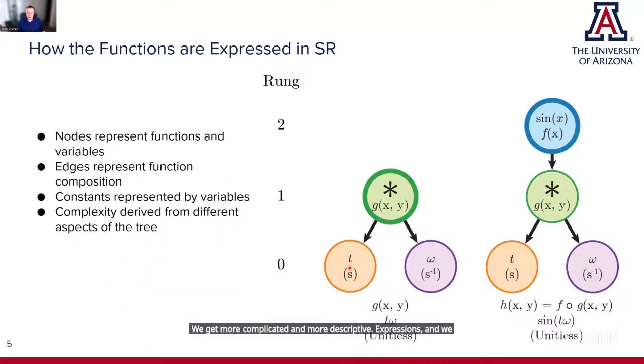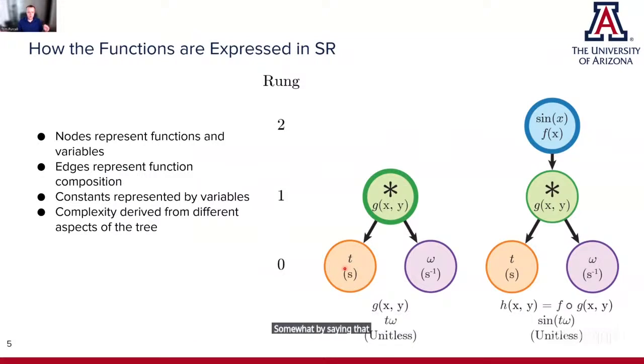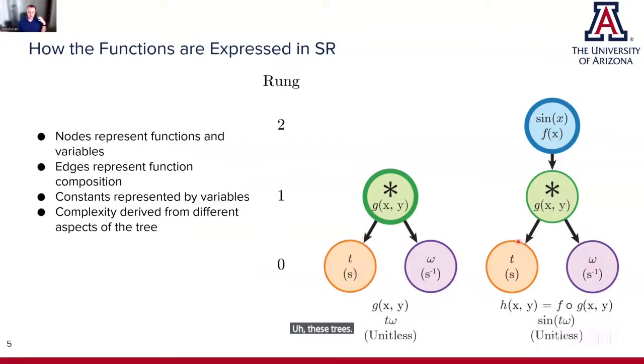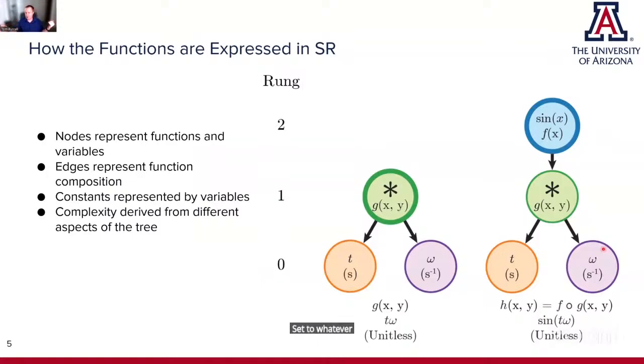And we can read these somewhat by saying that all nodes represent functions if they're not a leaf node or not at the bottom of these trees, and all variables or constants are these leaf nodes here. One can think of constants as a variable, which is a constant value set to whatever the name of that variable is.